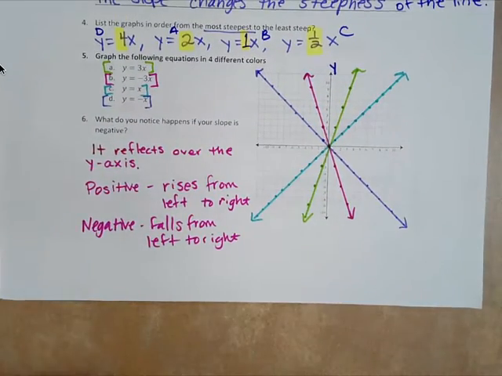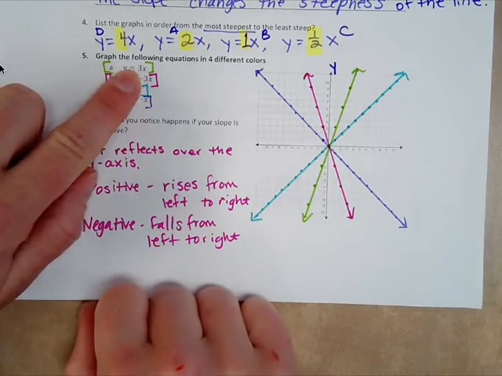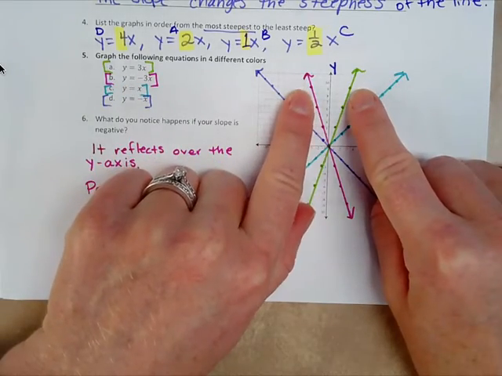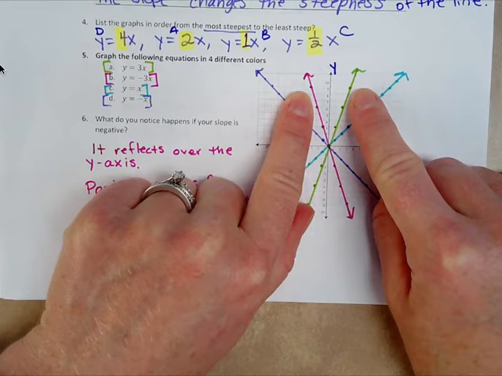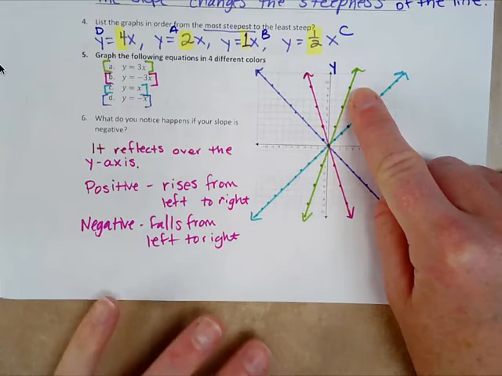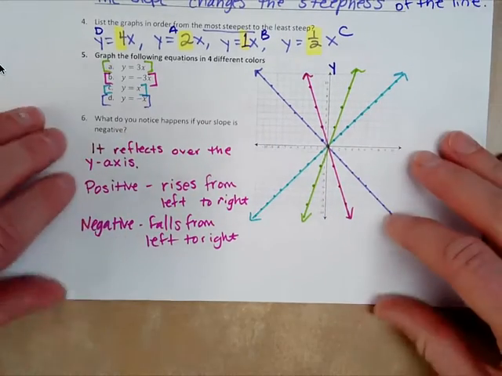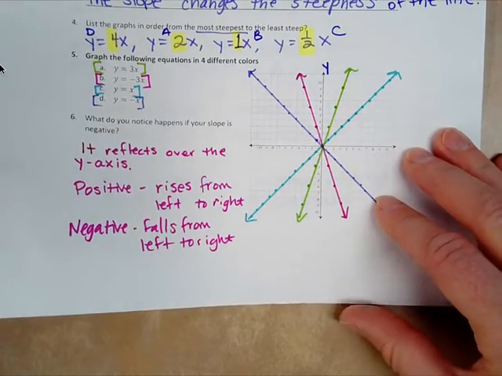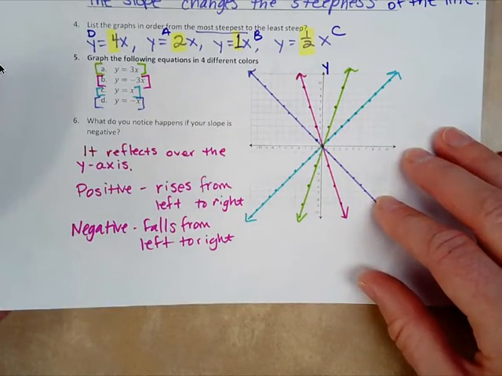Part 5, when we graphed those, we had a positive 3x and a negative 3x. So it was the green and the pink for mine. See how there's a reflection? So it's a mirror image, which in math we're going to call a reflection. And then same thing for x and negative x. Positive is going to rise from left to right, and negative falls from left to right.